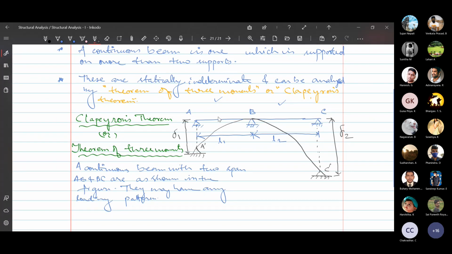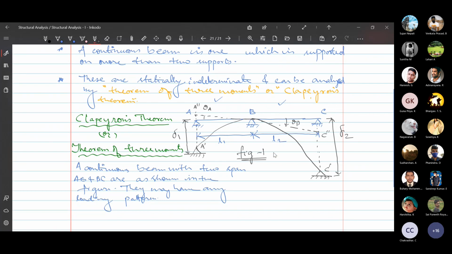And the slope here is called theta B, and the slope here is called theta A. Let us say this one is C double dash, and this point is called A double dash. So let us say this is figure 1.